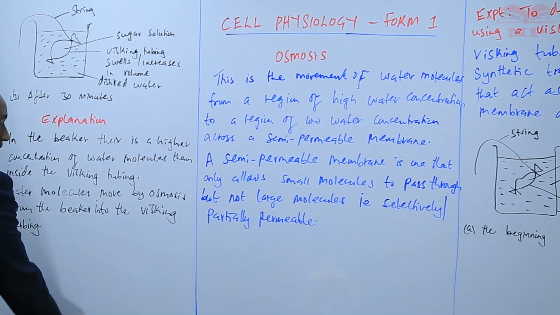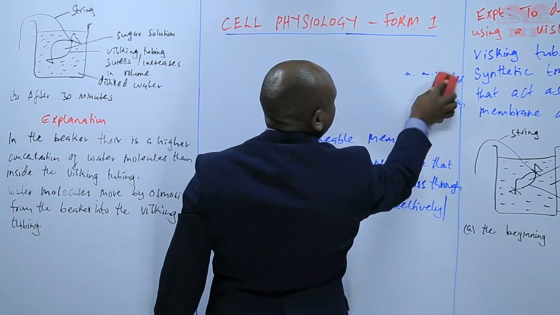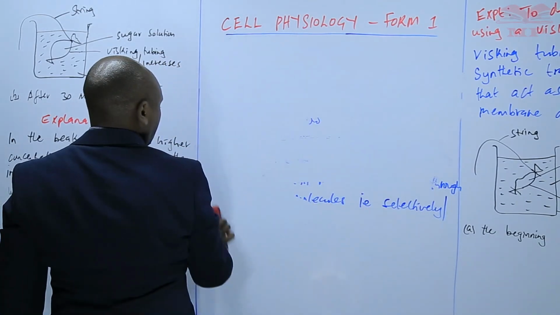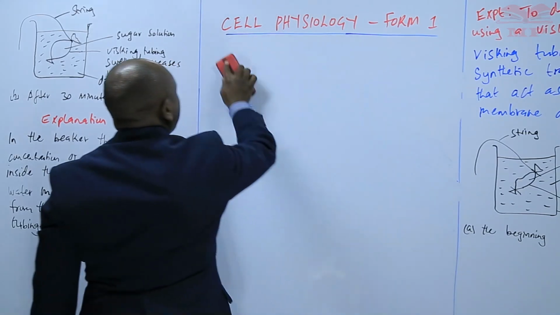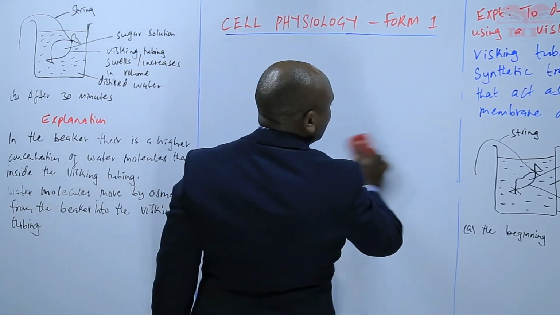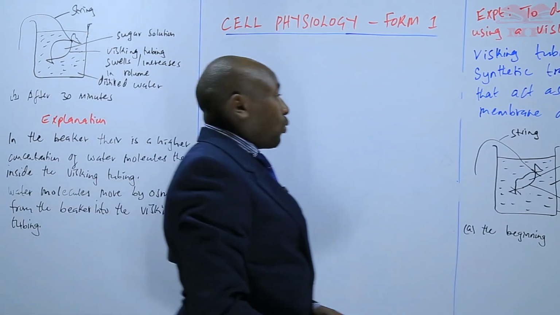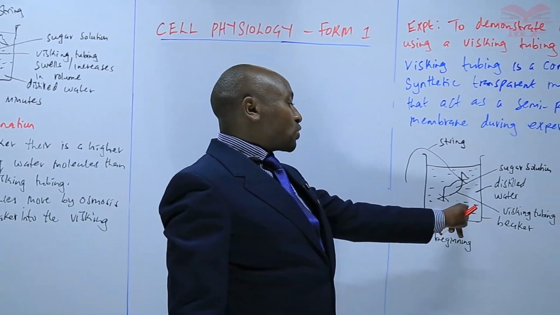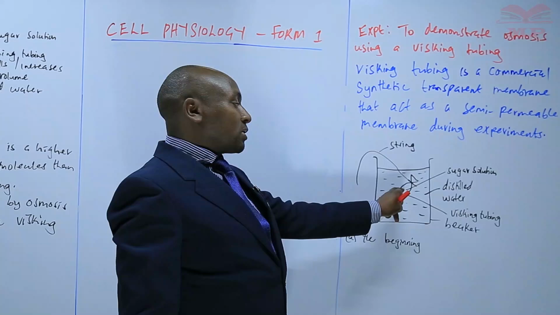So that is an experiment that we can carry out to demonstrate osmosis, showing that water molecules move from where there is a high concentration of water molecules to where there is a low concentration of water molecules.